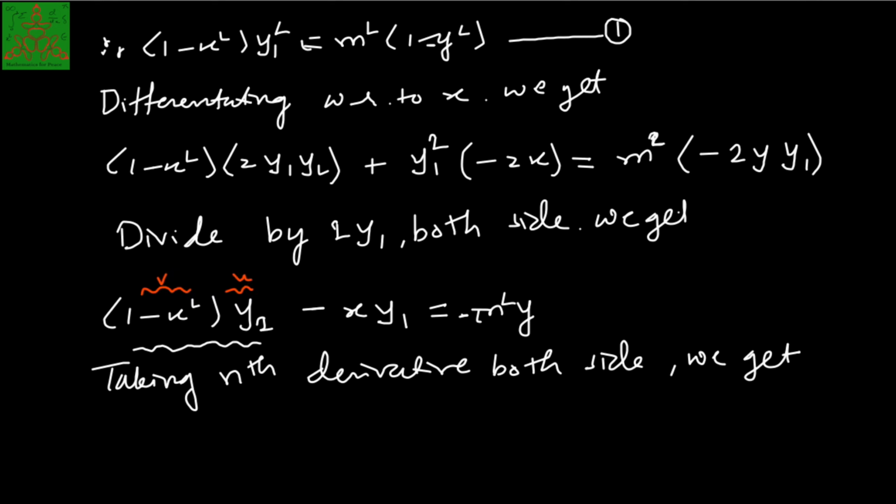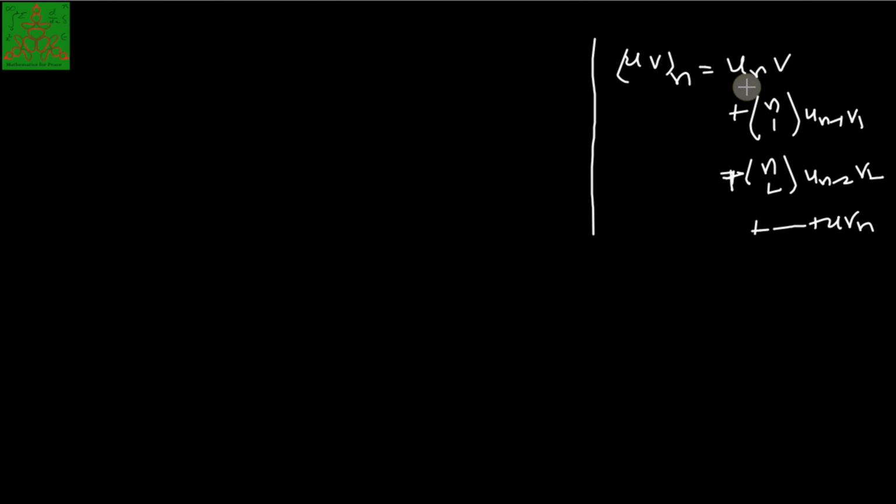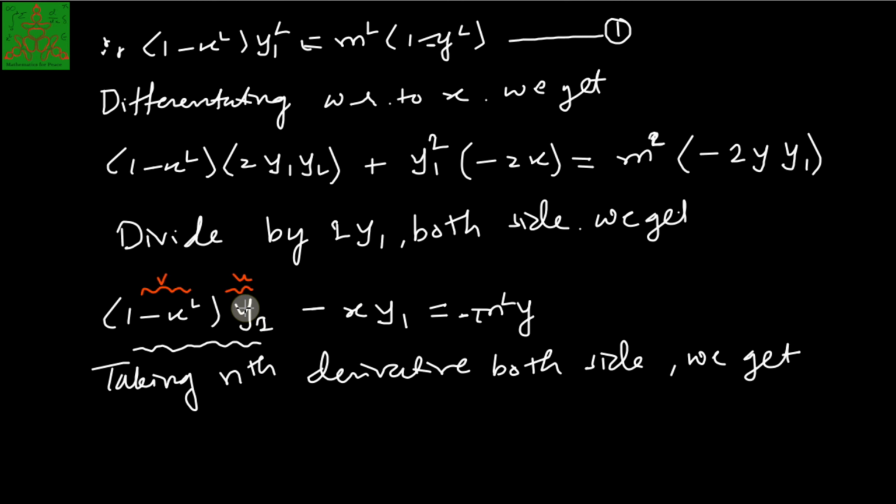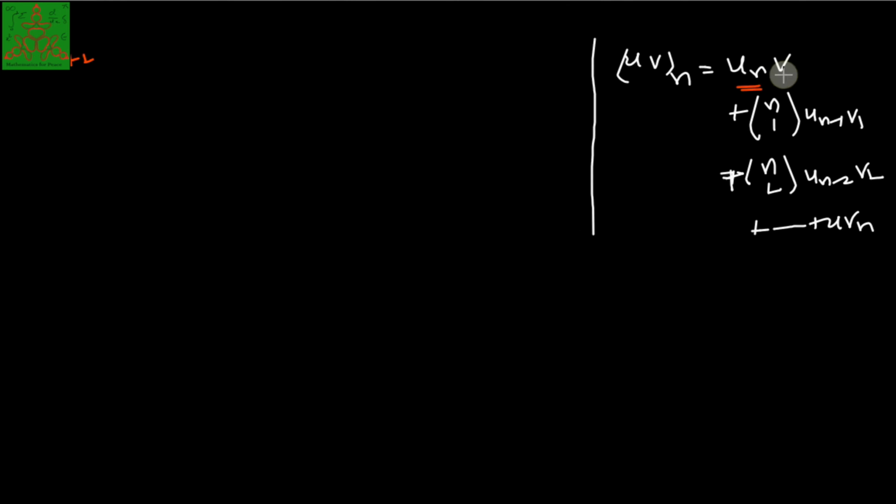If I apply this formula, the first term is u_n, so it is y(n+2). Why n plus 2? Because the second derivative is already there and I am doing the nth derivative of this, so it is y(n+2). Then v as it is, so it is (1 minus x square), plus nC1.